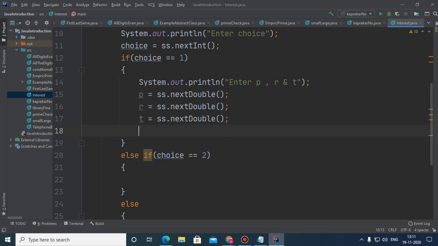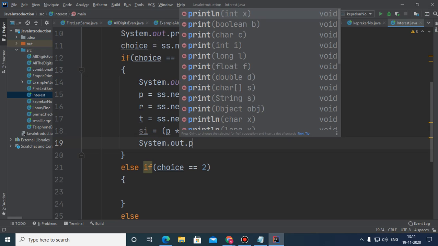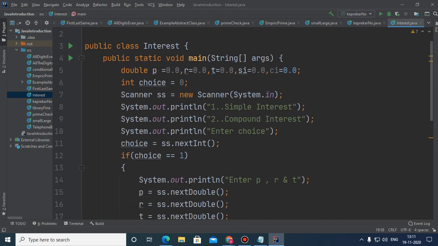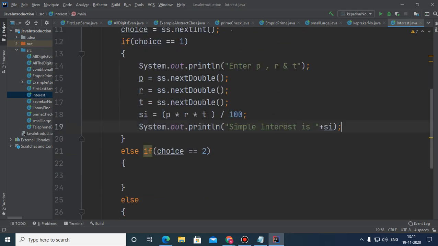So we have got this, and then I apply this formula, which is P into R into T upon 100. After that, it is the simple interest. The simple interest is SI, so this is what I have done.